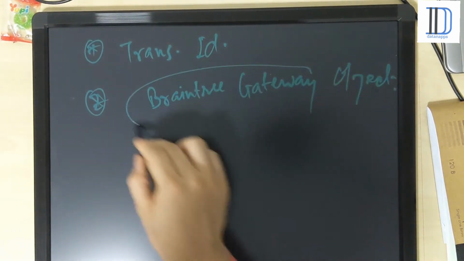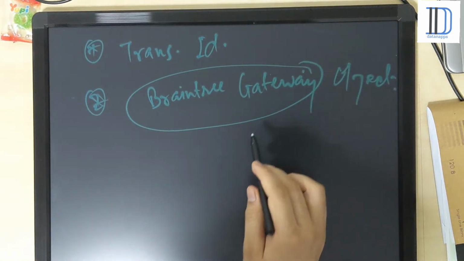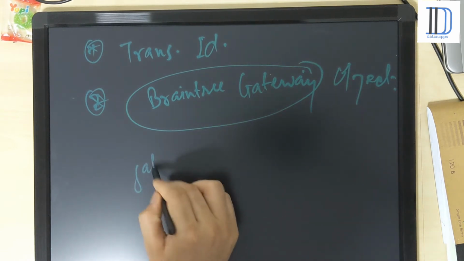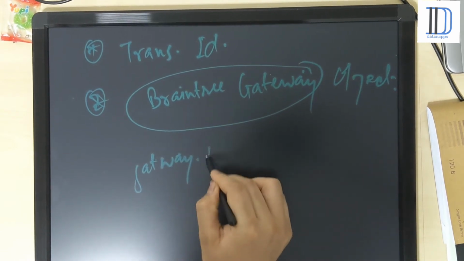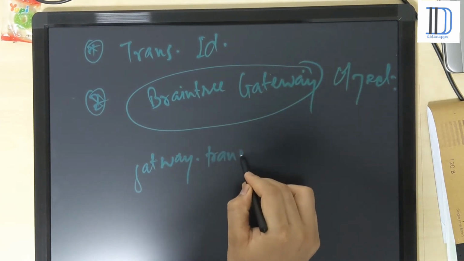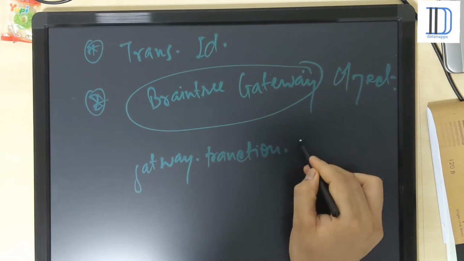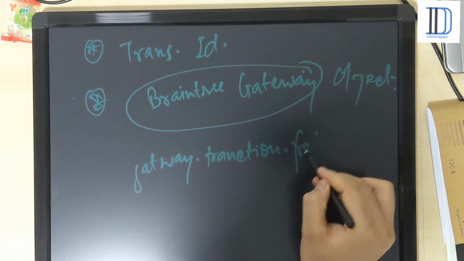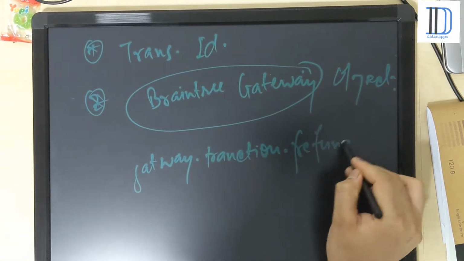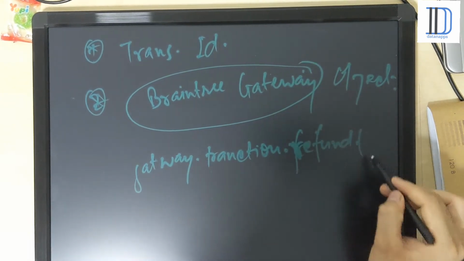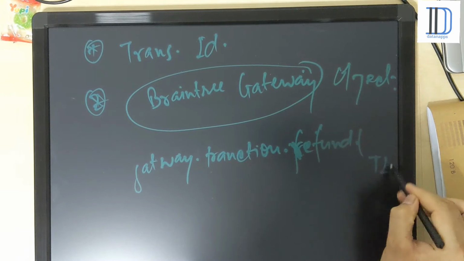When you get the Braintree gateway object, you will use something like gateway.transaction.refund, and pass the transaction ID here.